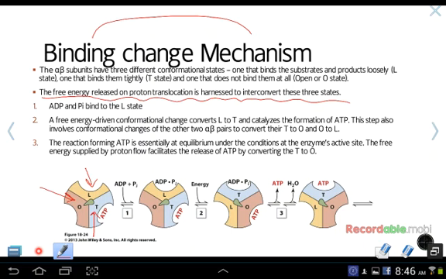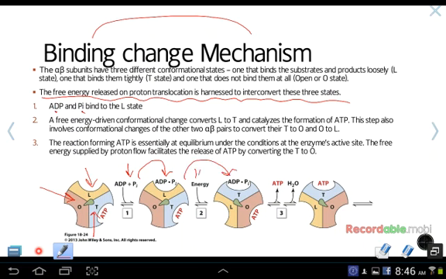So let's look at it first. ADP and inorganic phosphate come and bind the L state. A free energy-driven conformational change converts the L state into the T state.